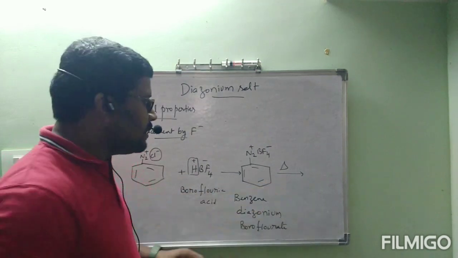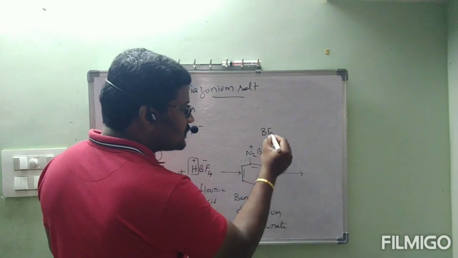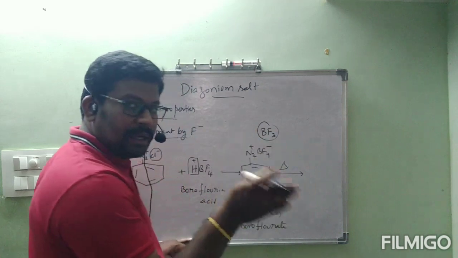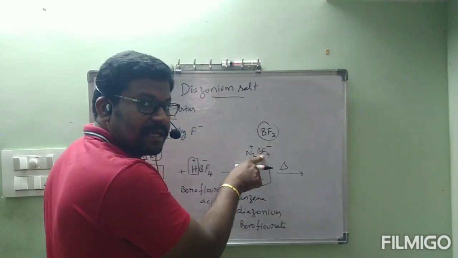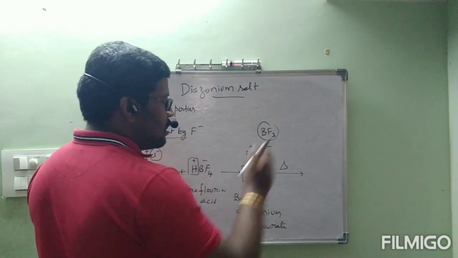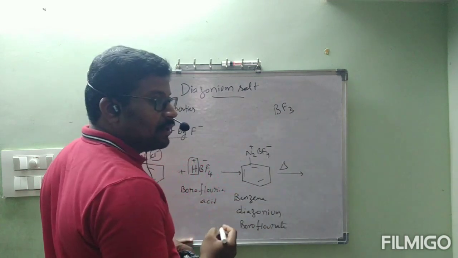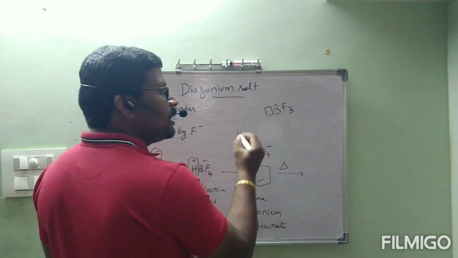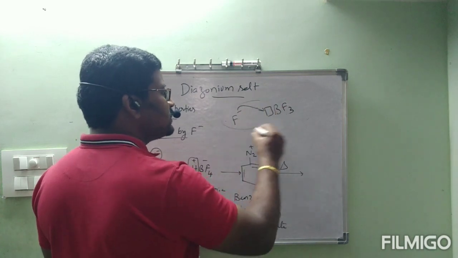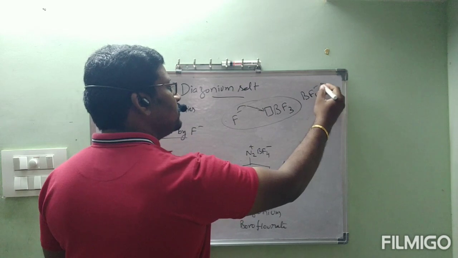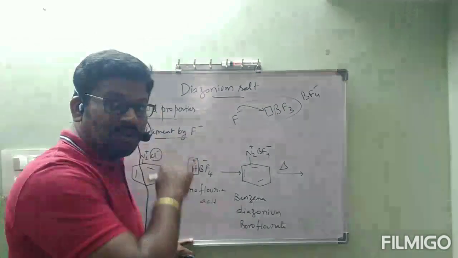When it is heated, what happens? Out of BF4-, BF3 comes out, leaving fluoride F-. BF3, boron trifluoride, contains one empty orbital. Into this empty orbital, F- donates electrons and it is formed as BF4-, with a coordinate covalent bond between boron and the newly formed fluorine bond.